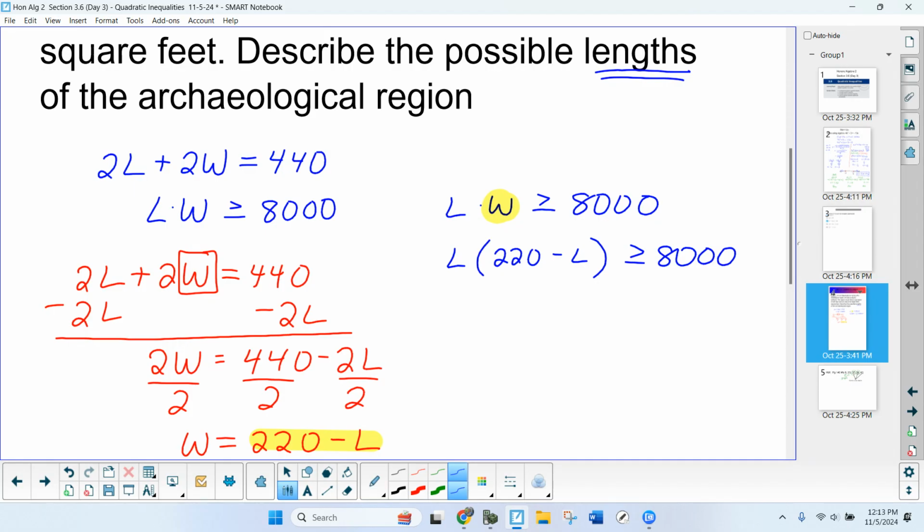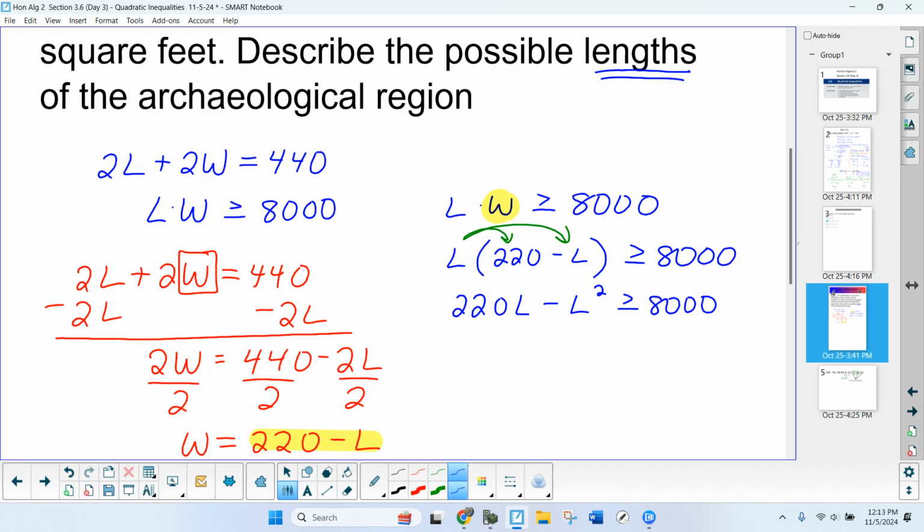And notice now I have an inequality in terms of the length. And this is just a quadratic inequality because watch, what do you do with this L? And when you distribute it, what do you get? 220L minus L squared is greater than or equal to 8,000.